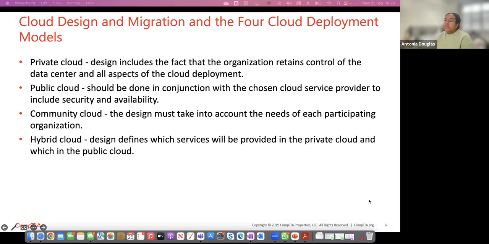Thirdly, we have the community cloud. The design of a community cloud environment must take into account the needs of each participating organization, because this is more of a shared environment, and the design team should include members from each organization.